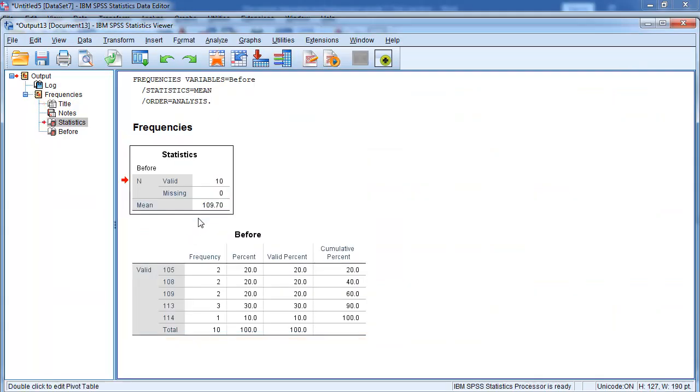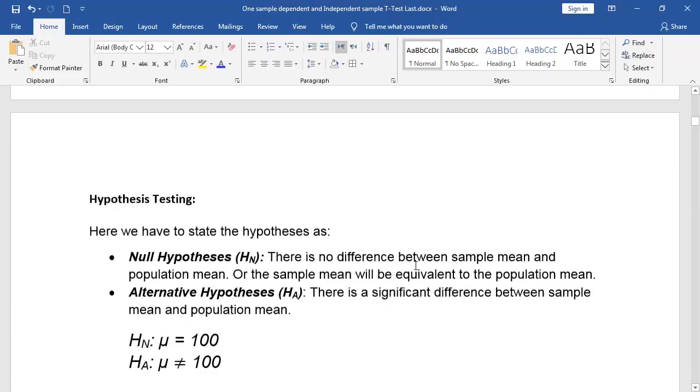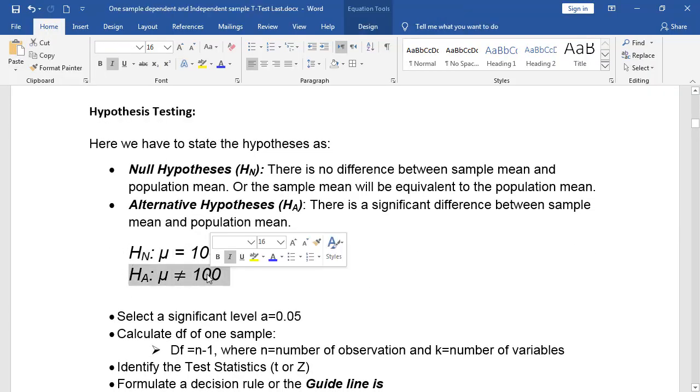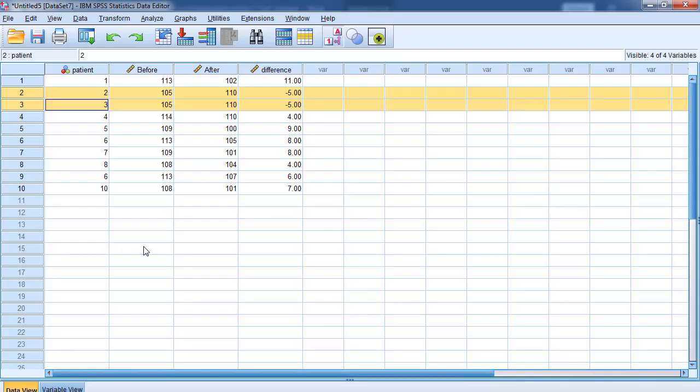So now here we can see the mean for the sample, 109.70. As we mentioned before, the null hypothesis is mu equal 100, and the alternative is not equal 100. This is the hypothesis we are using for the analysis.